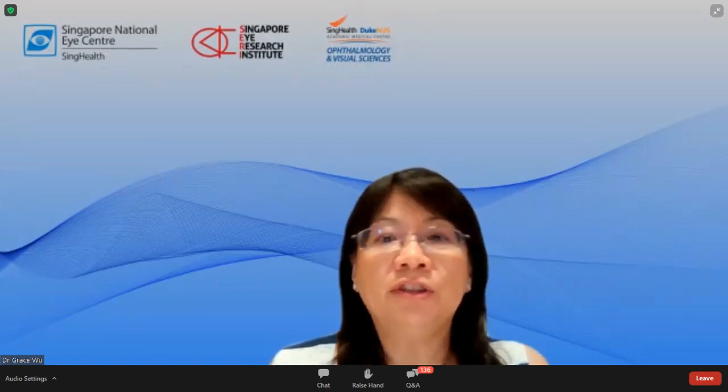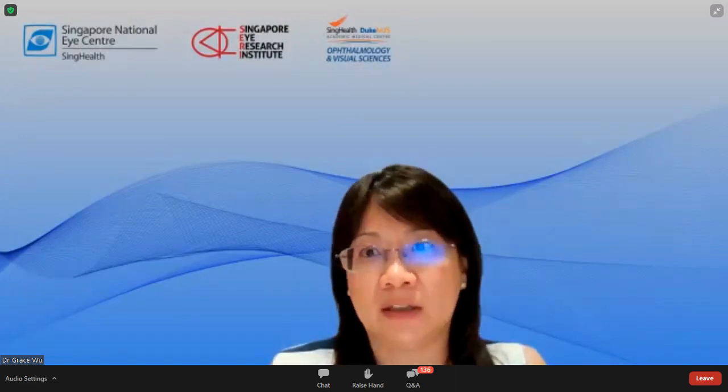Another question: my child started wearing spectacles at a very young age, not due to myopia, but astigmatism. Any advice to assist in the correction of this condition? Now, the good news about astigmatism is, unlike myopia, it doesn't progress. Many studies have shown that it tends to stay pretty similar or the same throughout life.